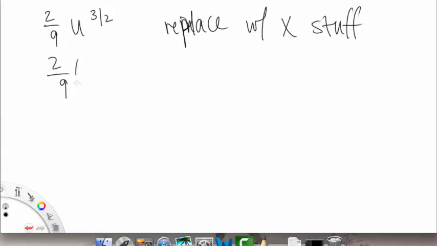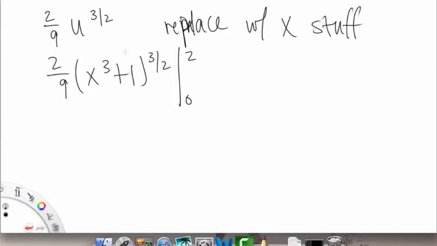So 2 over 9, and in for u we're putting what we subbed out, x to the third plus 1, to the 3/2. When we replace with x stuff, that also includes the limits, so that'd be from 0 to 2. We can think of this as the limits being on a vacation for a while when we were in u territory. So now we're just going to solve through.